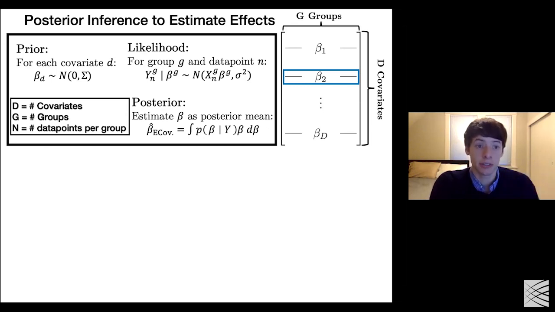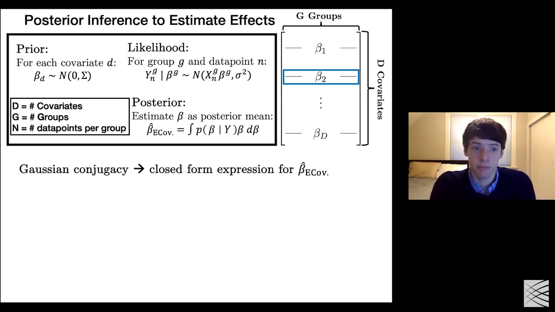In general, this step of posterior inference can be very computationally challenging. But as a result of this particular choice of a Gaussian prior, and I mentioned computational tractability as a motivation for that choice, this is exactly where that comes in. Conjugacy between this Gaussian prior and Gaussian likelihood gives us a closed form expression for this posterior mean.